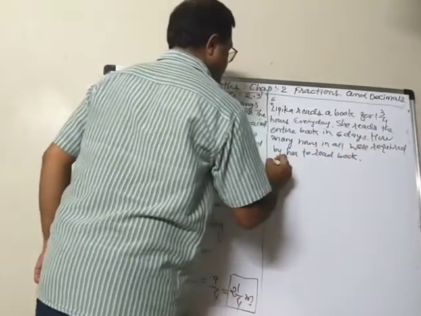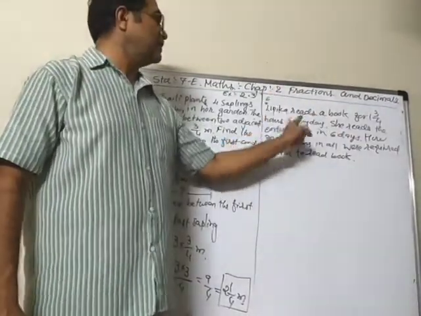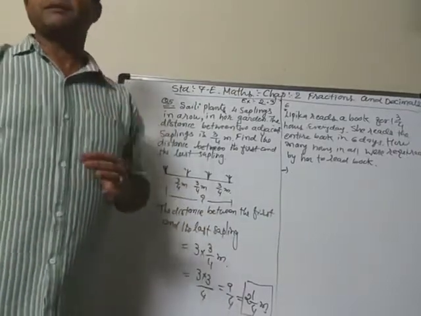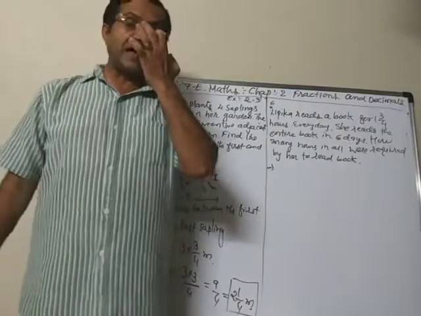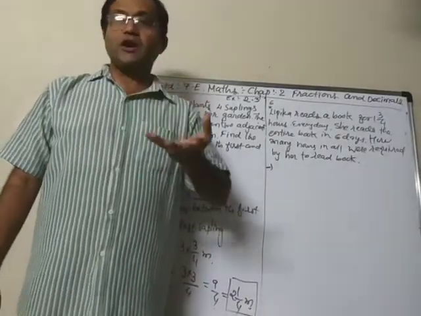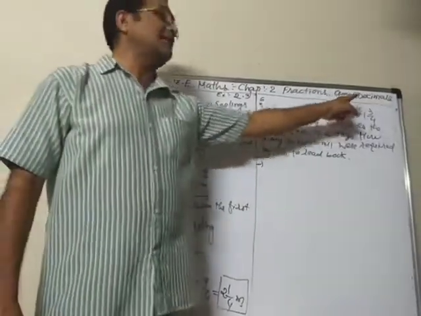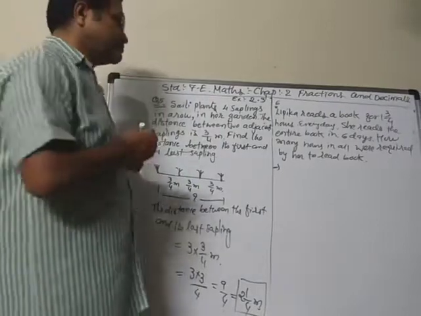So now she reads every day one integer 3 by 4 hours, and she takes 6 days to complete the entire book. So here obviously we have to multiply this one integer 3 by 4 by 6 because there are 6 days.